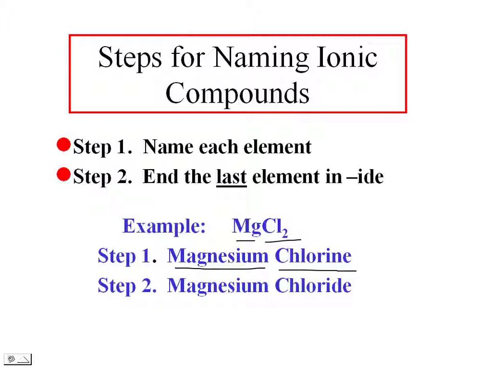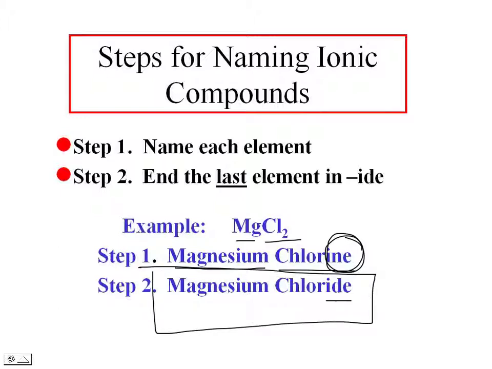There's step 1. You just named each element. Step 2 is to change the ending of the second one to -ide. So you just change it from -ine to -ide. The name of this compound would be magnesium chloride. Pretty easy, right?